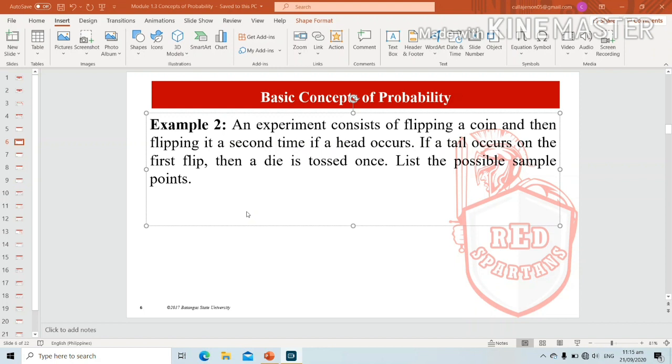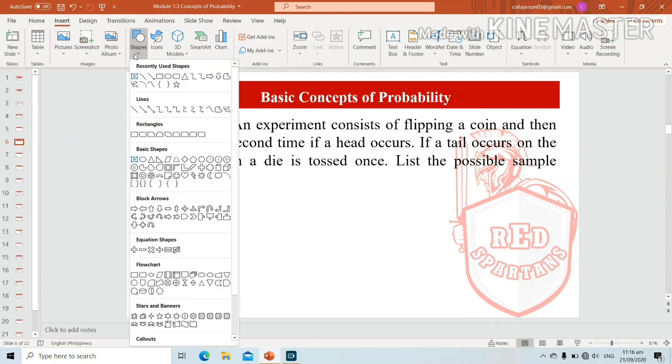So sabi sa ating example, yung first experiment natin ay nag-flip tayo ng coin. So meaning, yung ating possible outcome ay pwedeng lumabas yung head or yung tail. Then yung ating second experiment, ipi-flip daw natin yung coin kapag lumabas yung head.